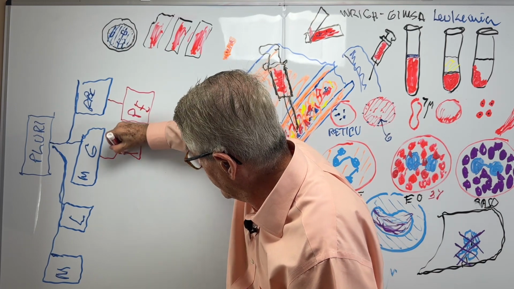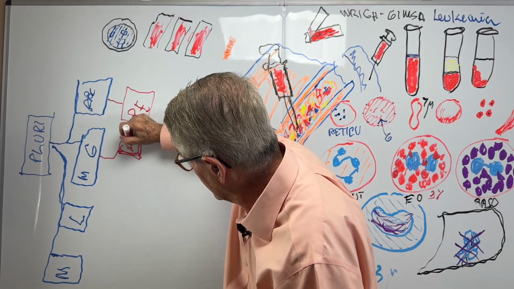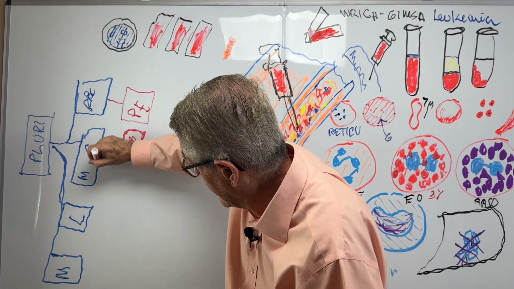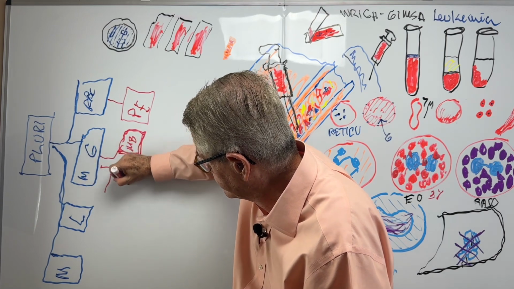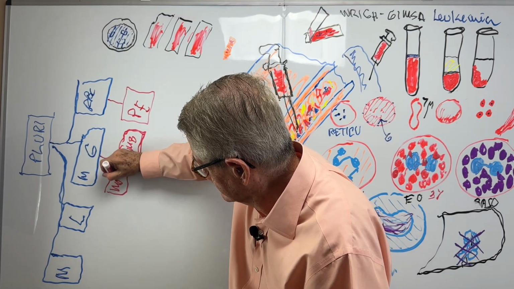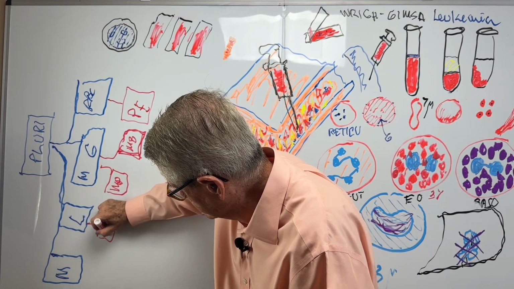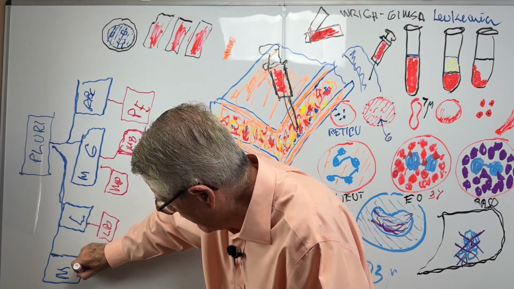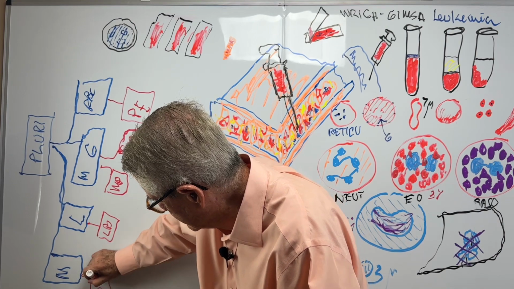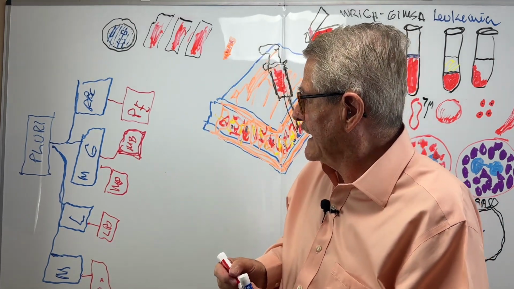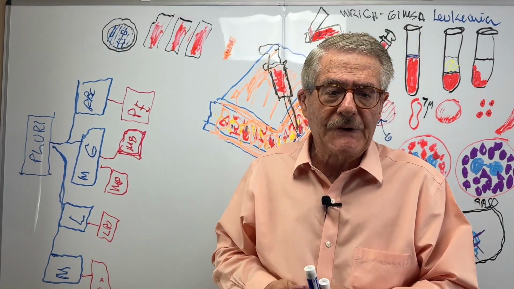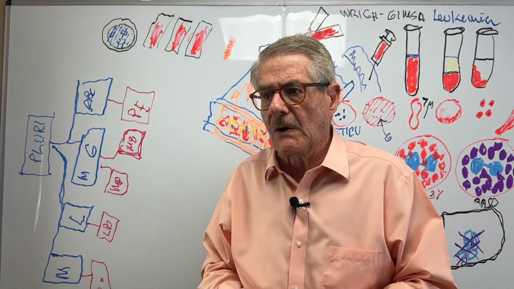I'll have to try to make a bit of a better job. Myeloblast, a monoblast, a lymphoblast, and a megakaryoblast.